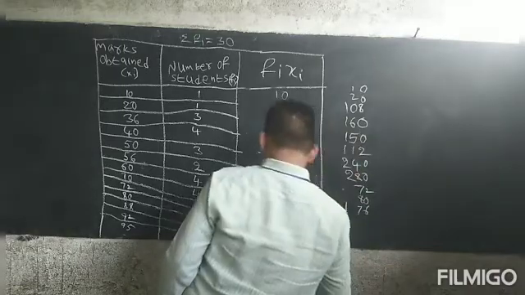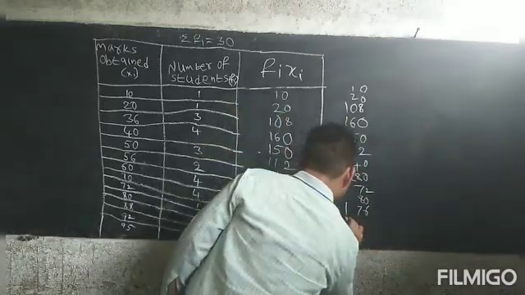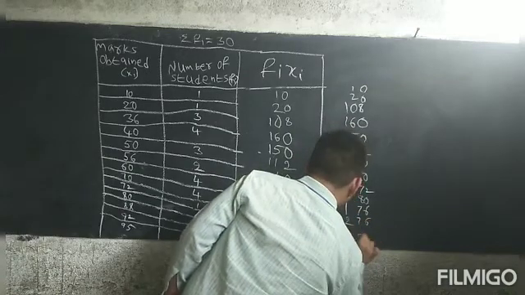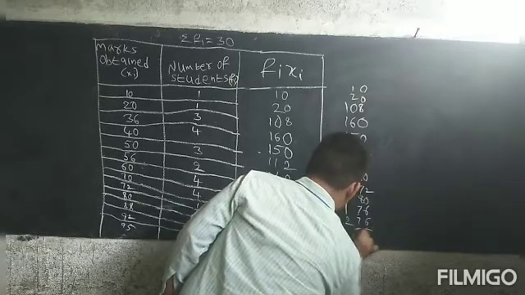Okay? Now 176 after 276, 276, next 95. Okay? Now add them.